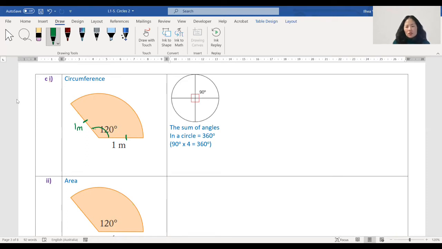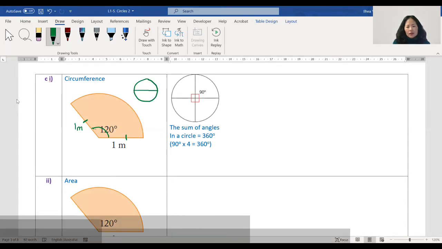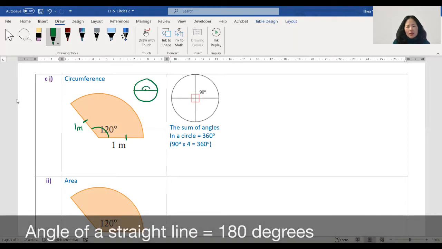We need to use the sum of angles in a circle. Okay? It's 360. Why is it 360? Because when you halve the circle, you will get 180 on both sides.